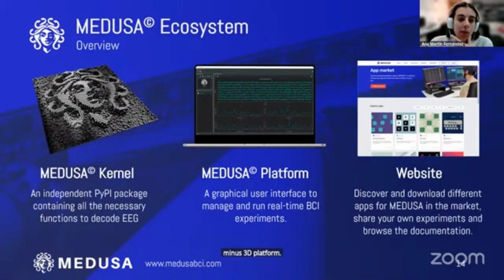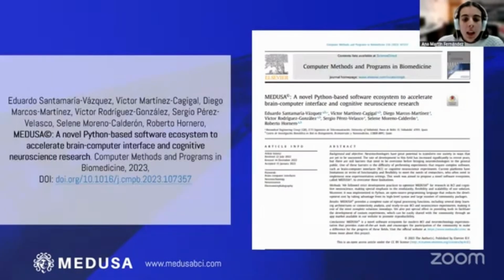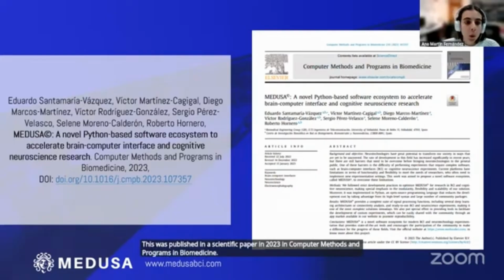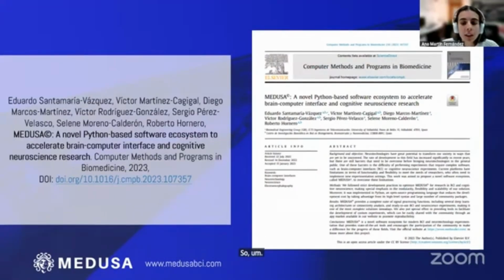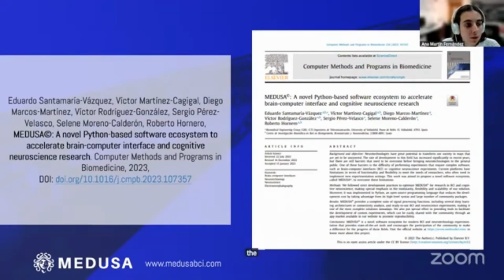And finally, we have the website, which contains the documentation and the app market where the different experiments can be downloaded. This was published in a scientific paper in 2023 in Computer Methods and Programs in Biomedicine. So there you can find additional details about the architecture, the design, and everything you're curious about the software.